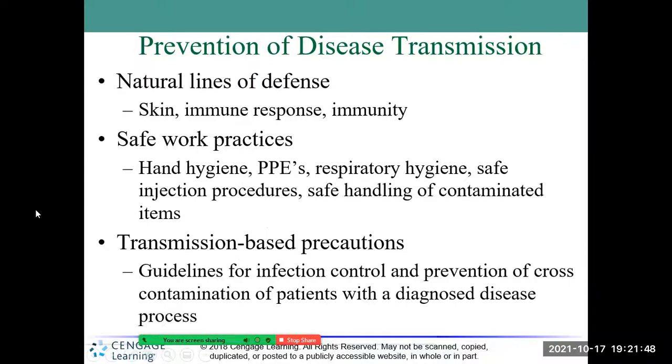Okay. So we have a natural line of defense in our skin. First of all, it is a great boundary for us. We have an immune response that provides the recognition of the pathogens and the mounting of the army attack. So our immunity is really the key to offsetting any true infection by any of these pathogens we've talked about.